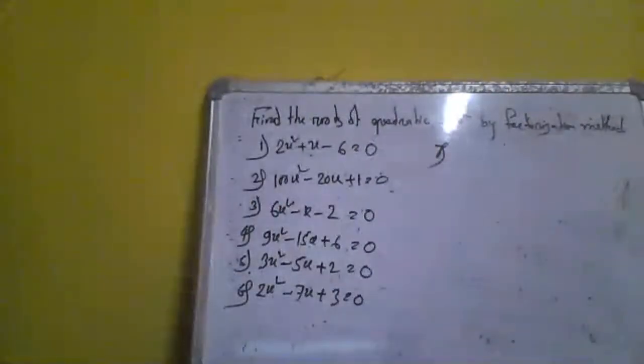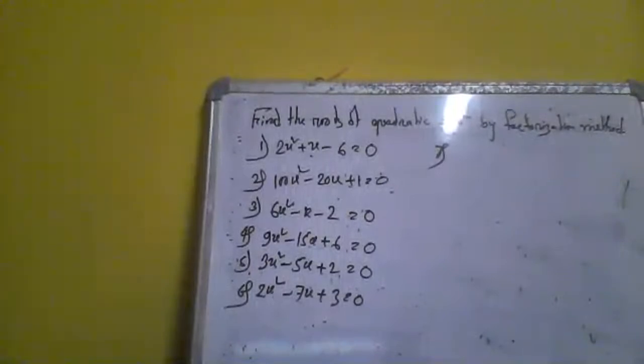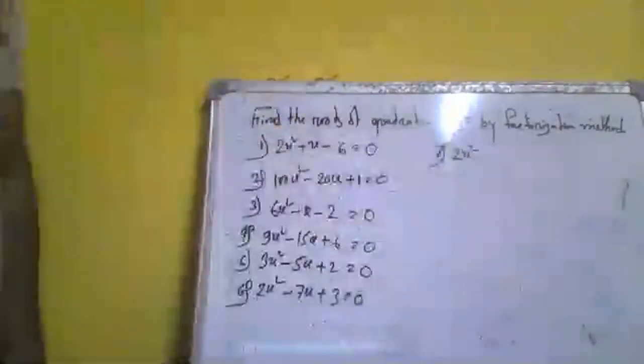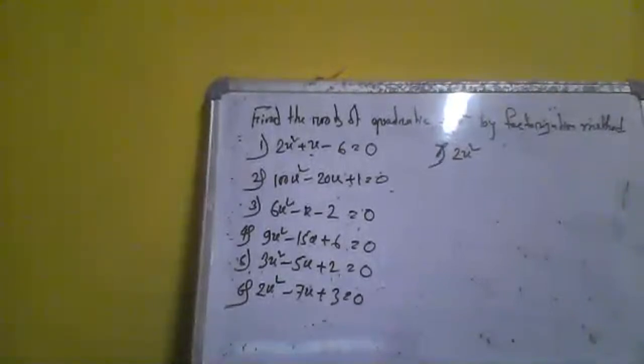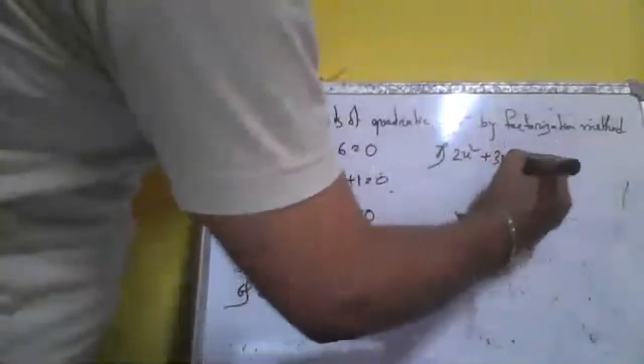Question number 7: 2x square plus 5x minus 5 equal to 0.